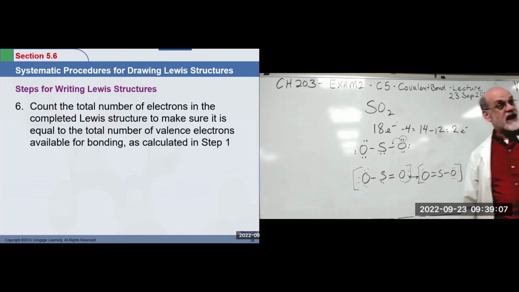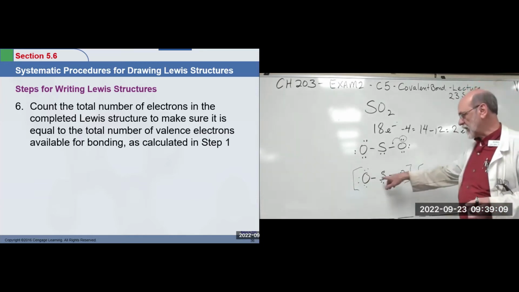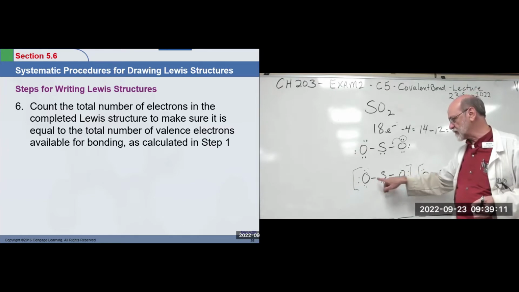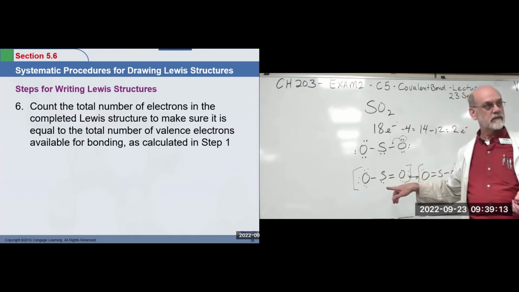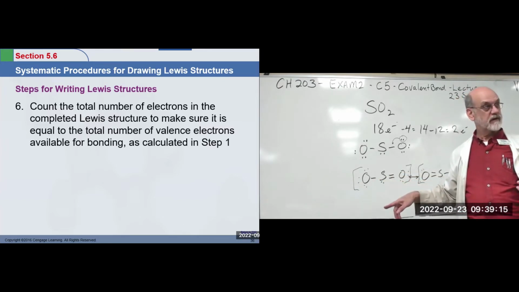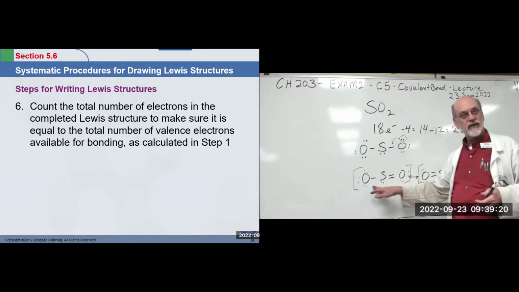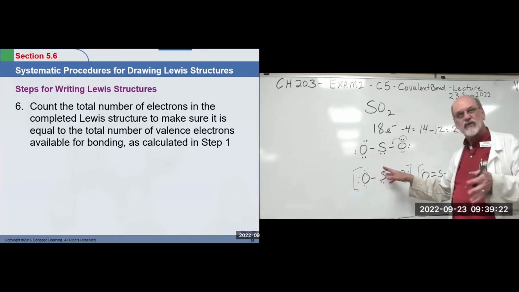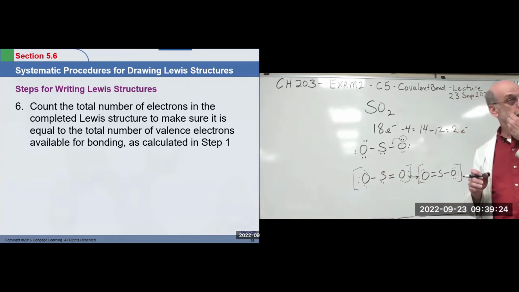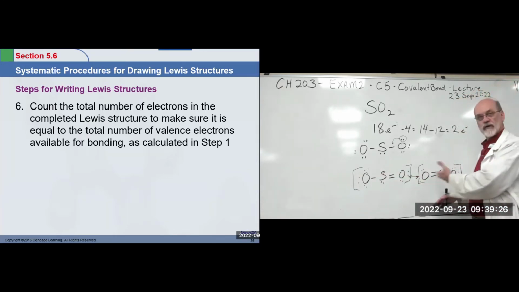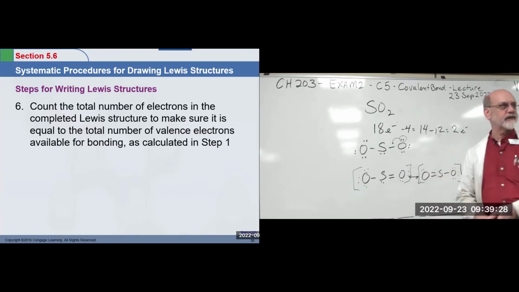We know from actual measurements that these bonds, this bond and this bond, are equal. They're equivalent in strength and in character. It's not a complete double bond. It's not a complete single bond. It's something in between. Okay. But we can't write it that way for a Lewis dot structure, so we have to come up with resonance.